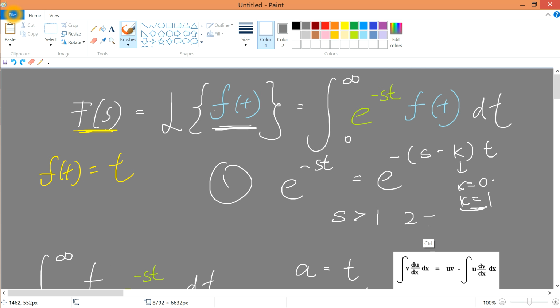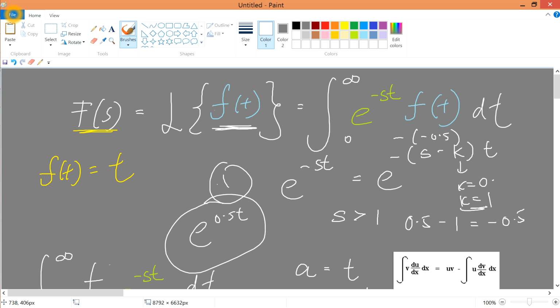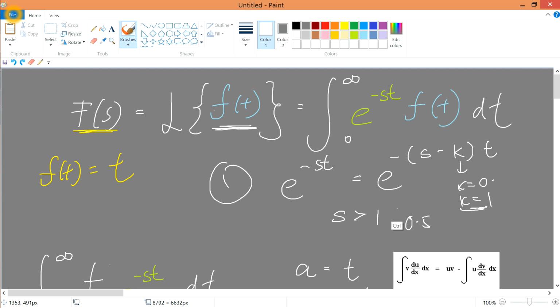For example, if s is 0.5 and k is 1, then 0.5 minus 1 gives minus 0.5, and with that minus you get positive 0.5t in the exponent, and this is not what we want. We want something negative over here. So this is the region of convergence we are talking about, and you have to take note of what k value it is.